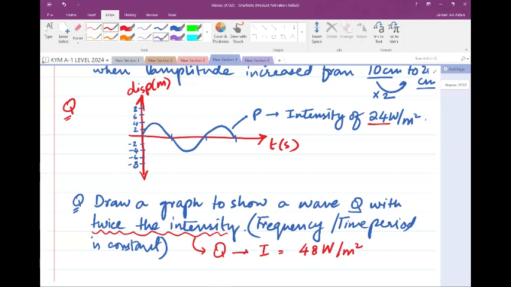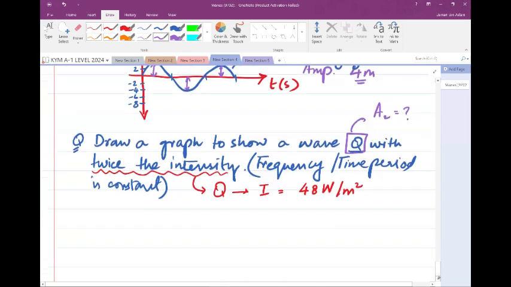We can see from the graph that the wave P has an amplitude of 4 meters. If only I'm able to calculate the amplitude of the wave Q, I will be able to sketch that on the graph.